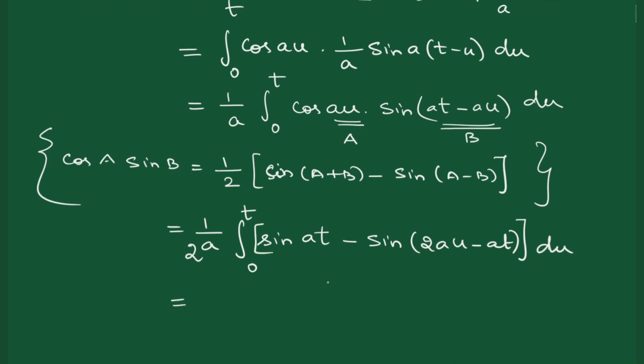Now we have to integrate it with respect to u. So 1 by 2a is common, integral 0 to t of sin at into du minus, we can split it as two integrals.